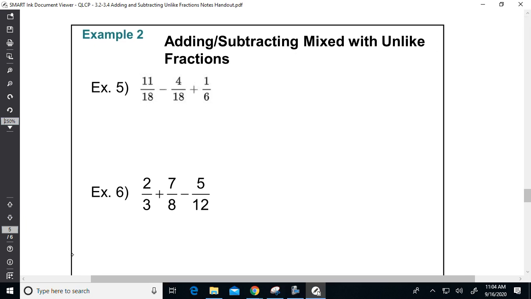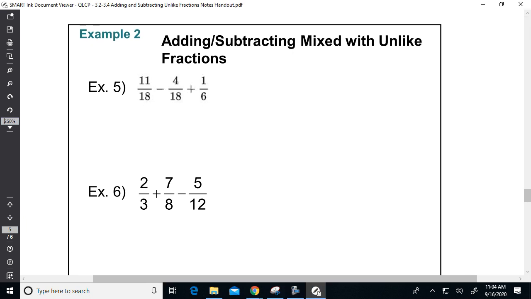For example 5, if you have adding and subtracting in the problem at the same time, remember order of operations. That's add or subtract from left to right. Tomorrow we're going to get more into order of operations.